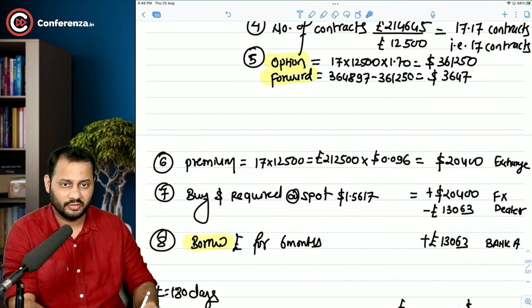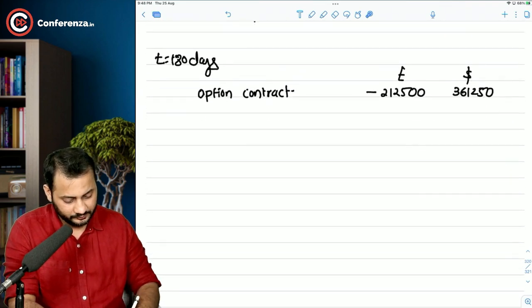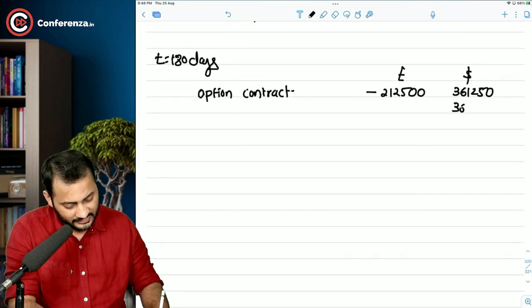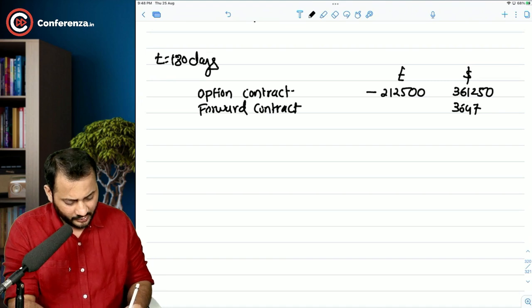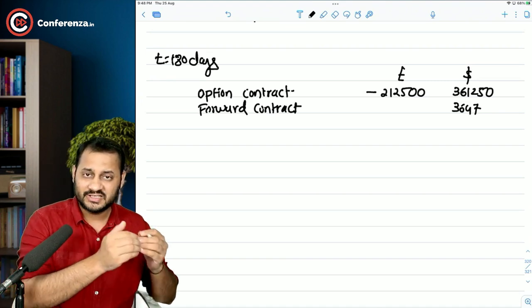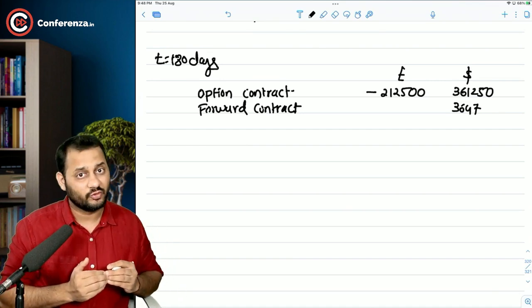1.7 into 2,12,500. Now, for the balance $3,647, you will pay under the forward contract. In this case also you will sell pound at a forward rate to buy the dollars of 3,647.